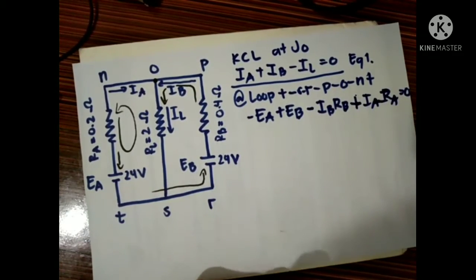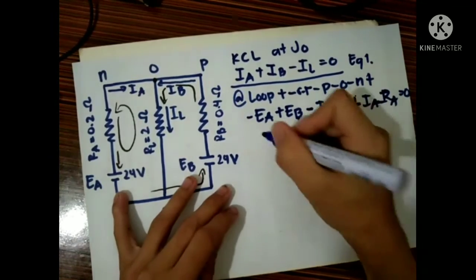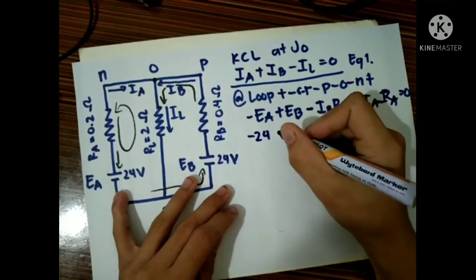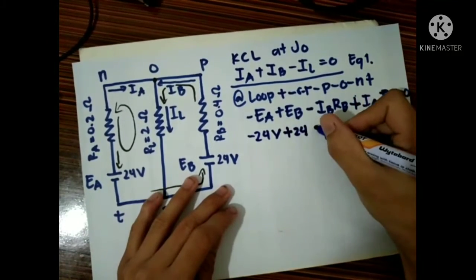This time we need to plug in each value. EA is 24, so negative 24 volts plus the 24 volts for EB.